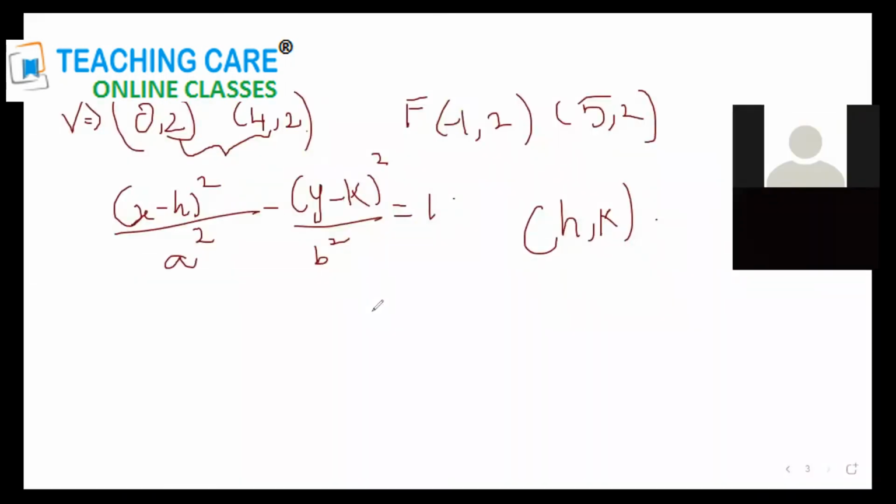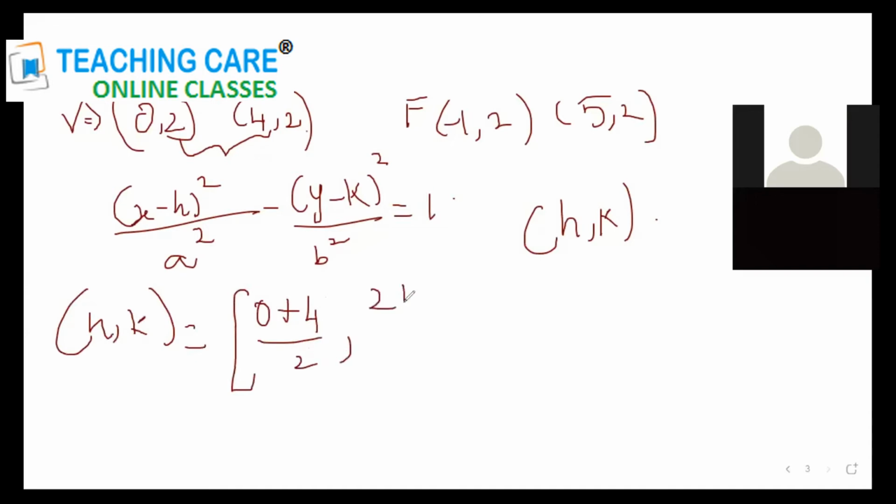Now I can hear you. So the center is halfway from the vertices. My h comma k is the midpoint: 0 plus 4 divided by 2, comma 2 plus 2 divided by 2. So that would be 2 comma 2. The 2 and 2 will be my h and k.